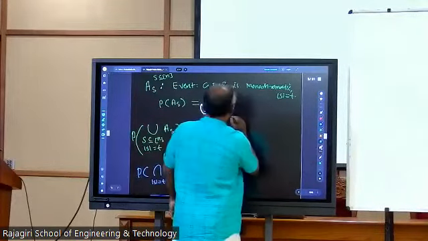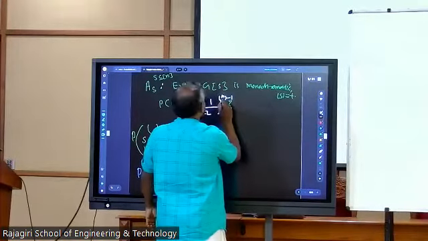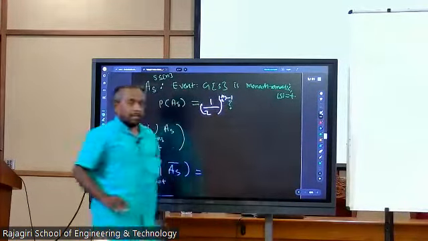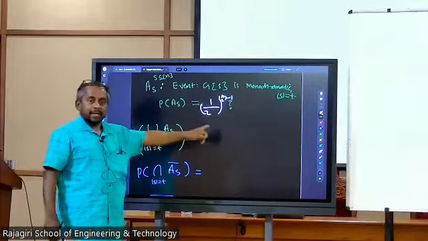What is happening here? So this is the probability for A_S, is this correct?